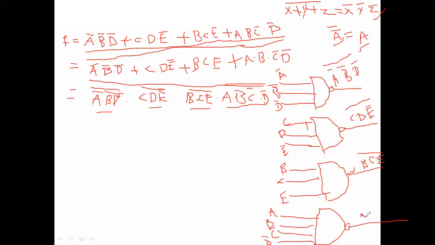So what is the output here? A dot B dot C bar dot D bar. So what is the final expression? For all these terms, dot operation is there, that is AND operation is there, and bar is there. So that's why one another NAND gate is used for all these.